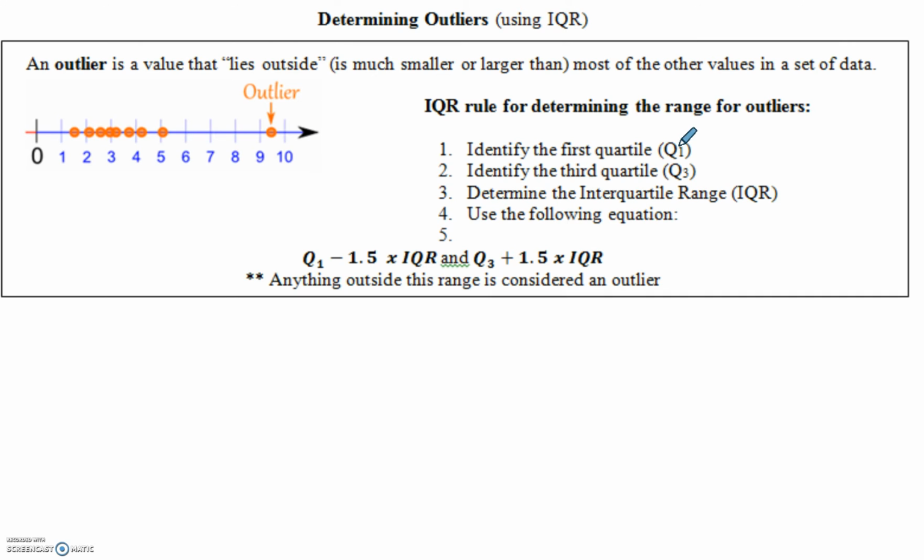Q1 minus 1.5 times IQR. So we're going to look at the numbers from whatever number we get when we use that portion to whatever number we get when we take Q3 and add it to 1.5 times the IQR.